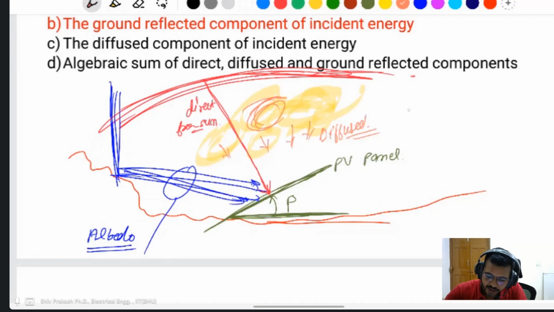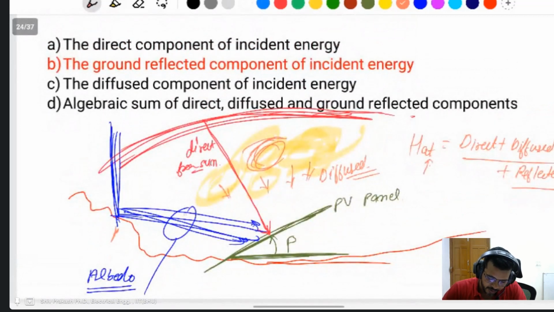That's why the total energy at a tilted surface, this will be the tilted surface. If this is a horizontal surface, then this will not occur. Albedo will be 0. This will be direct plus diffusion plus reflected. Then the albedo is the reflected part.